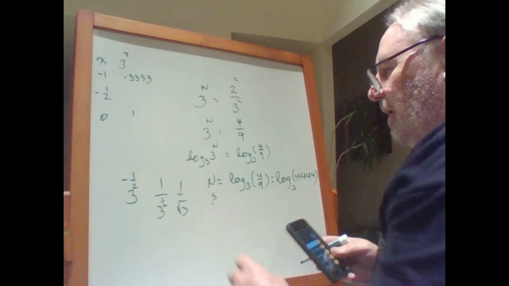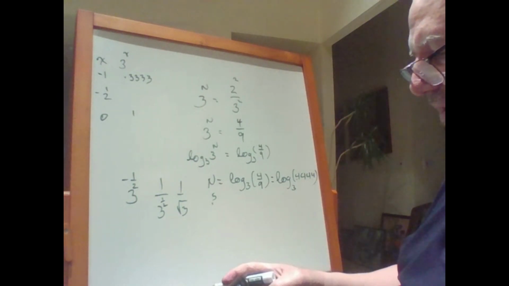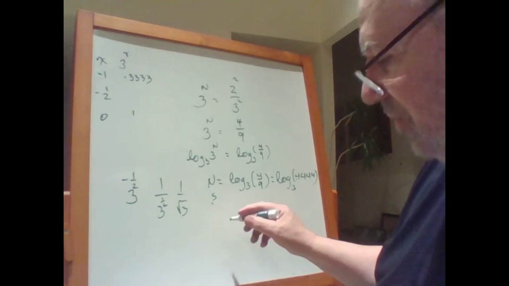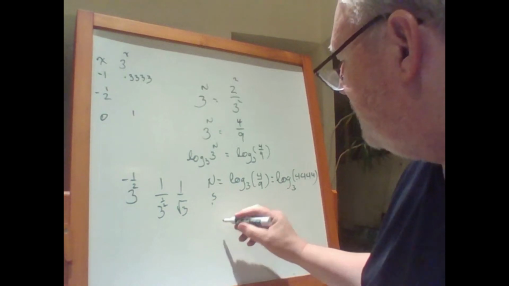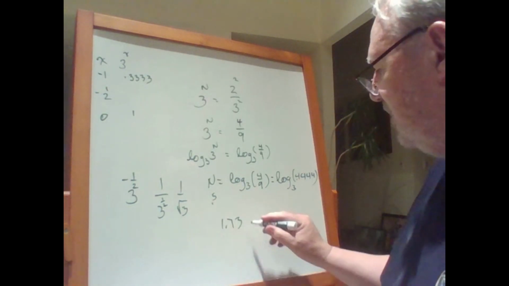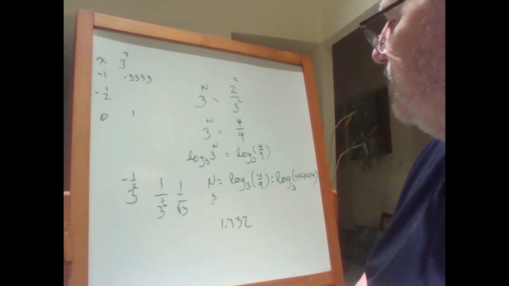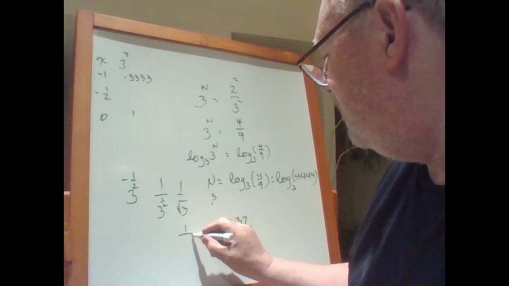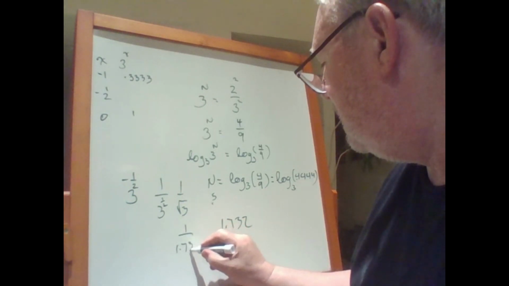So anyway, we're going to say it's 1.73. Okay, we're just going to leave it at 1.732. So this is 1 over 1.732.